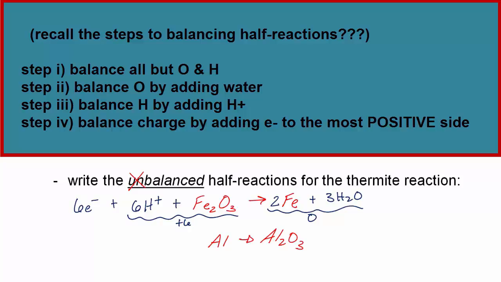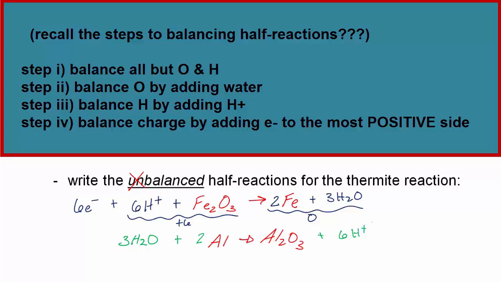Try the bottom one. Start out by balancing everything but oxygen and hydrogen. So balance the aluminums. Now you balance the oxygens by adding water. 3 oxygens, so balance 3 waters. Now you balance the hydrogens by adding H+. 6 hydrogens, 6 hydrogens.